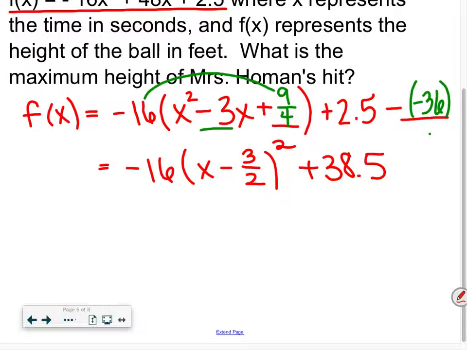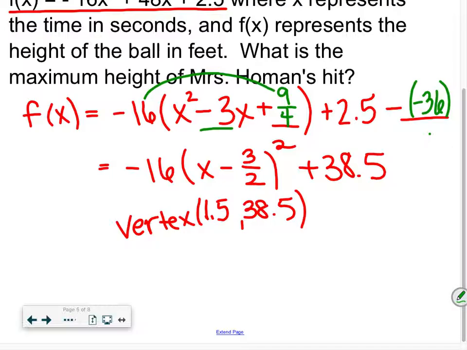Let's talk about what this means. Okay. This parabola that opens down has a vertex of 3 halves, 38.5. And 3 halves, since this is a decimal, we all know that 3 halves means 1.5. Okay?